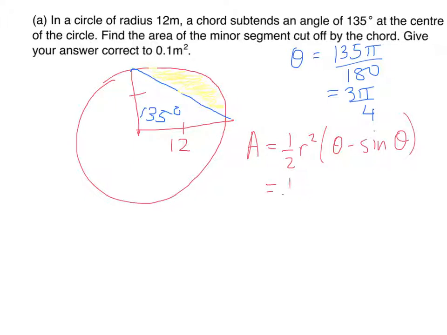So it will be half times 12 squared, times 3 pi on 4 in radians, minus sine of 3 pi on 4. Making sure your calculator is in radians mode, you should get 118.7 metres squared.